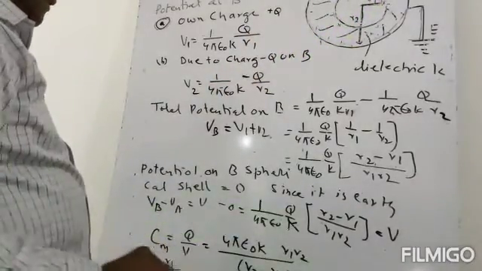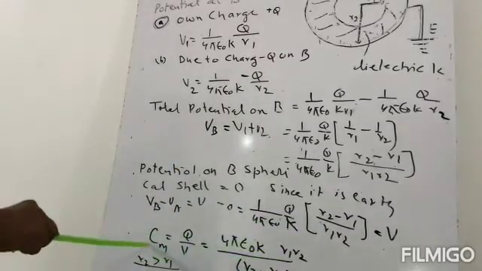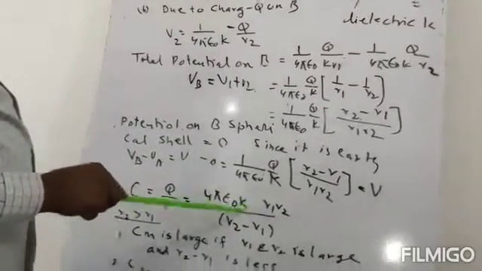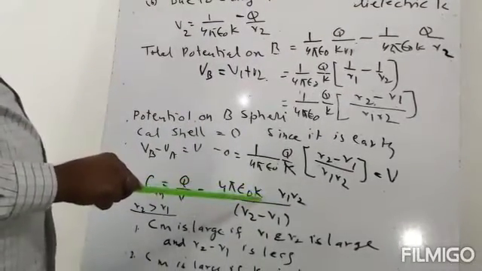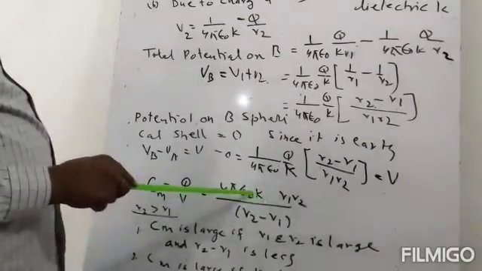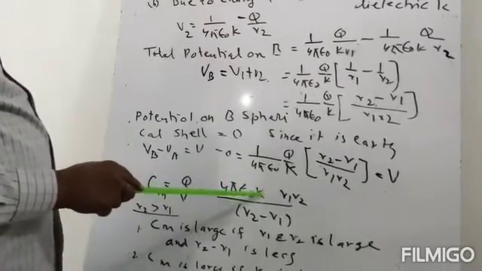Now the capacitance will depend upon how many factors. Number one, the capacitance will be more if K is more. If the dielectric constant is more, then the capacitance will be more. And if instead of a dielectric there is air, then K will be equal to 1.